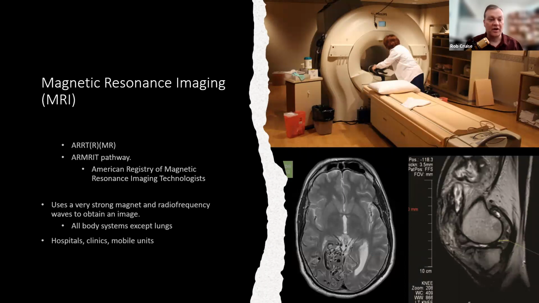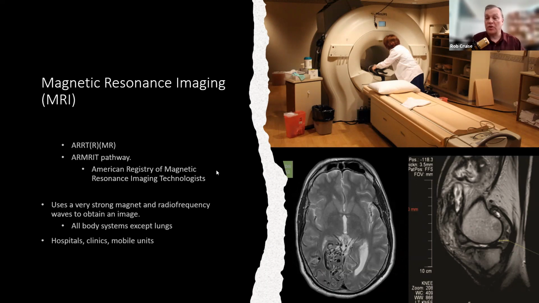MRI. I'm an MRI tech as well. I started that in '97 with the CT. I went to a CT/MRI program and got credentialed in both. Like I said before, you can have 2 pathways to get there. The person might be an ARRT-R and then do MR as well, or they can be the imaging professional from the other organization.